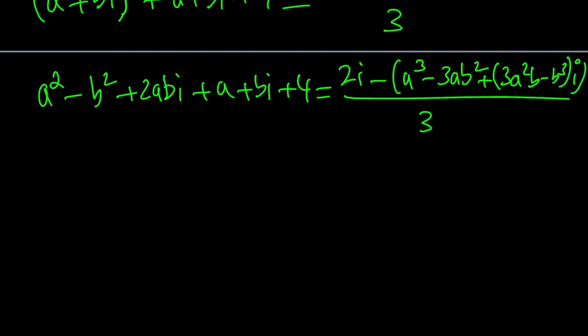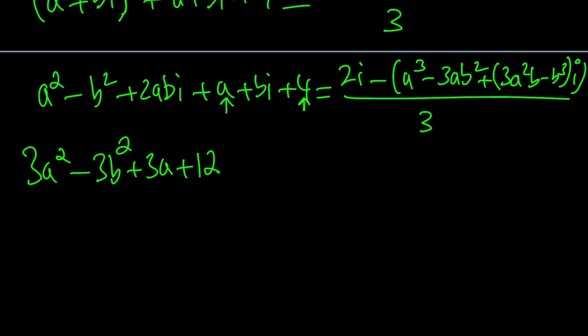And then when we multiply everything together and arrange these terms a little bit, this is what it's going to look like. We're going to get 3a squared after cross multiplying, minus 3b squared plus 3a. A is going to be multiplied by 3 and 4 is going to be multiplied by 3, so it's going to be 12 here. So this is the real part.